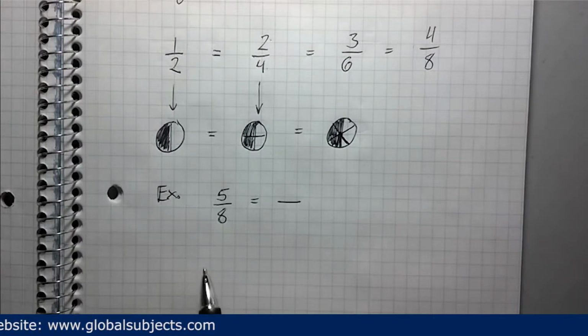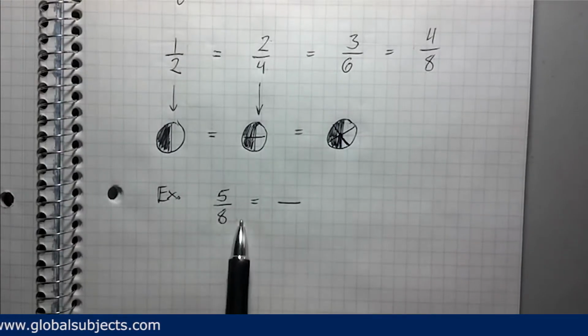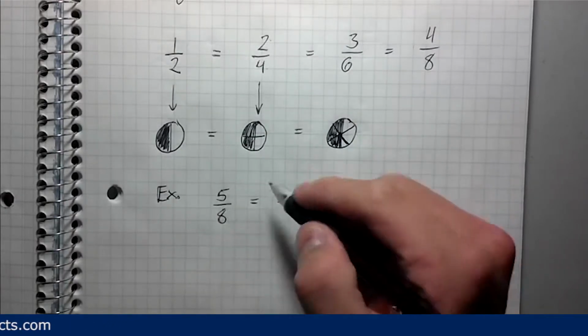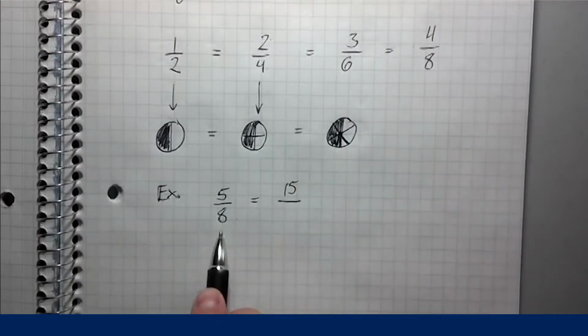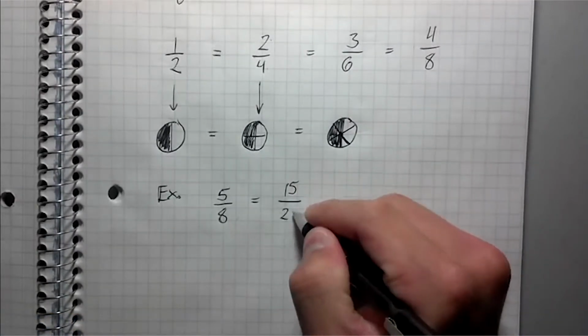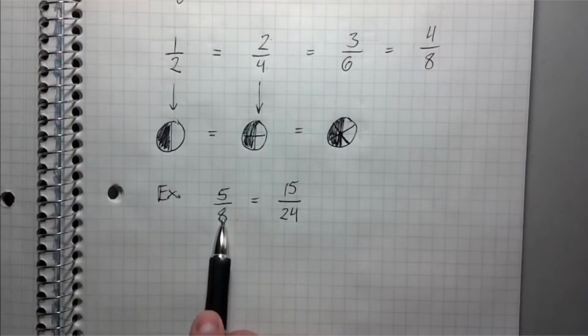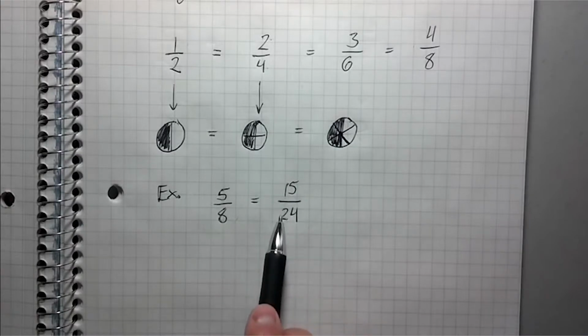If I just pick 3, I want to scale up the top and bottom by a factor of 3. I go 3 times 5 is 15, and 3 times 8 is 24. So the fact that I multiplied the top and bottom of this fraction by the same number is why I got an equivalent fraction. That's a very important thing to understand.